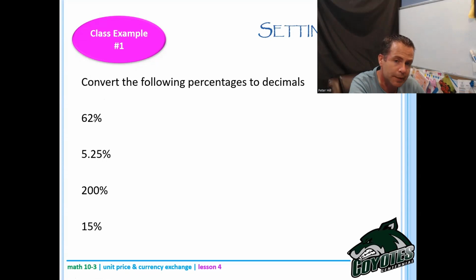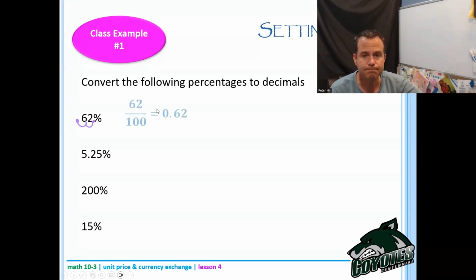My decimal place is right now on the other side of the 2. If I brought it to the left 2 units, it would be there now. Remember, you can't write a number with a decimal to start, so you'd have to have a 0 in front of that decimal. So 62 divided by 100, or 0.62.